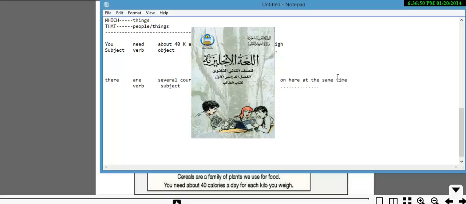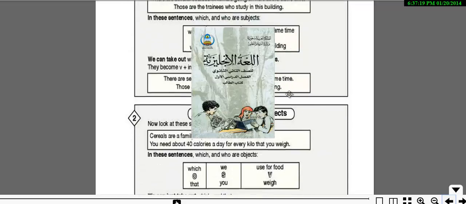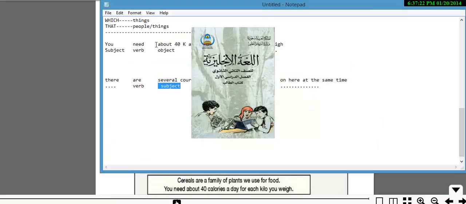So what's happening here, as you can notice, is that we're using which in terms of the subject, because the only thing before which in the sentence is merely the subject. You don't have an object. So what you're actually doing is describing the subject. That is why in the first box in your book, they talked about how we can use which and who in terms of subject, and how you can use it in terms of object in the second example, because what you're describing here is the object, and what you're describing there is the subject.